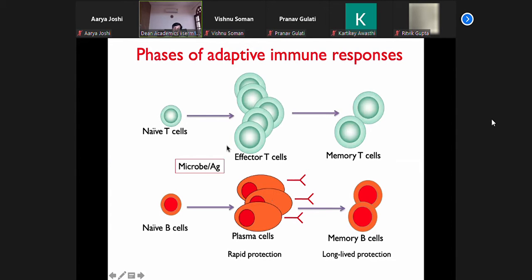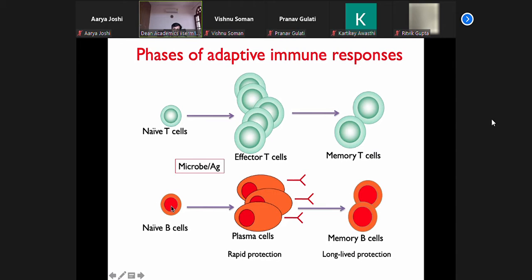After that, if you are talking about the phases of the immune response, essentially it involves starting from naive T cells or naive B cells. These naive B cells are formed in bone marrow, and they go through processes which make sure that you don't have autoreactive cells coming out of bone marrow. These cells then populate the periphery. In the periphery, they recognize these antigens.